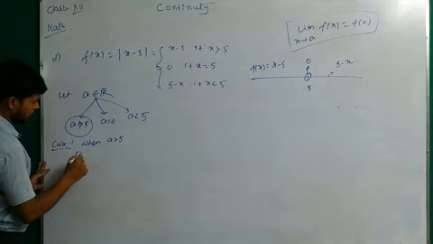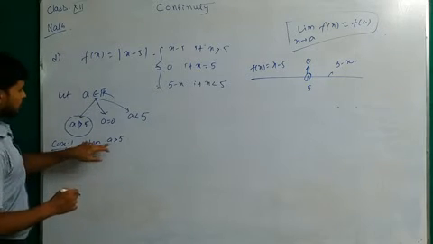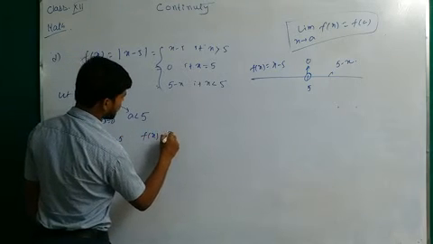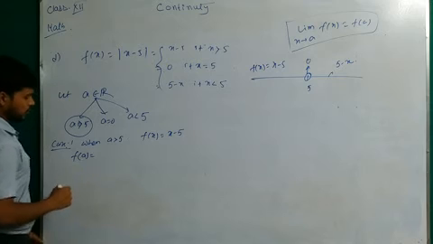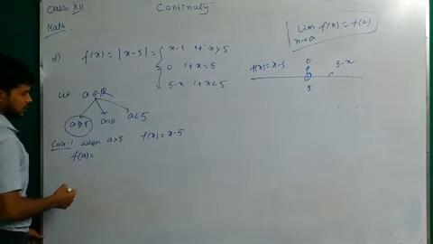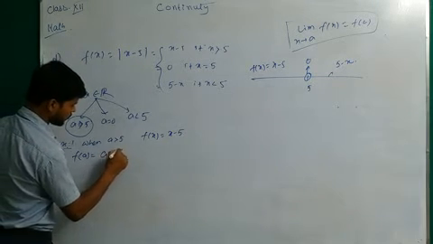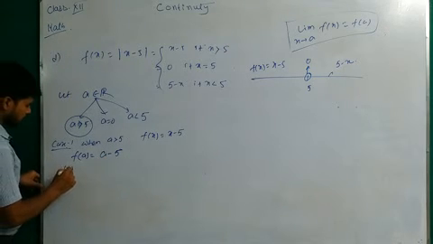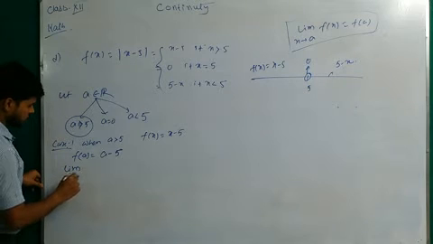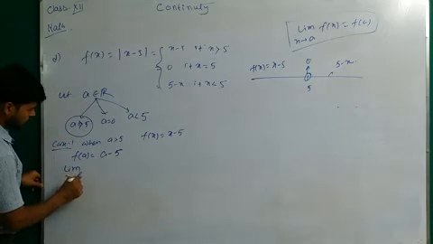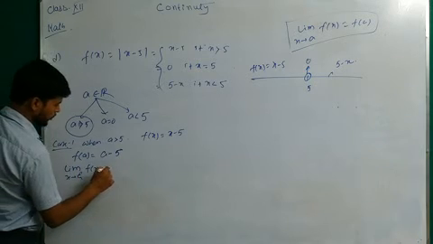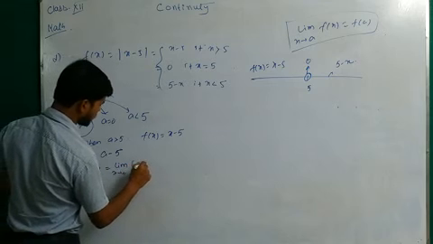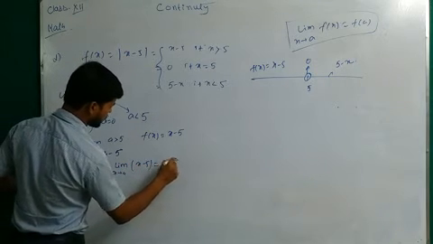Then what is the value of f of a? So if a is greater than 5, then the function will be x minus 5. Then calculate the value of the function at x equal to a, which will be equal to a minus 5, and calculate limit x tends to a of f of x, which is limit x tends to a of x minus 5, which is equal to a minus 5.